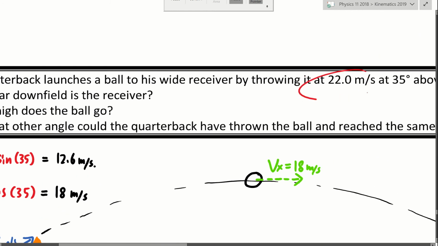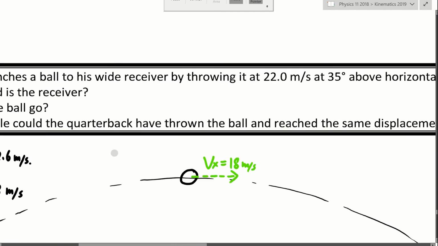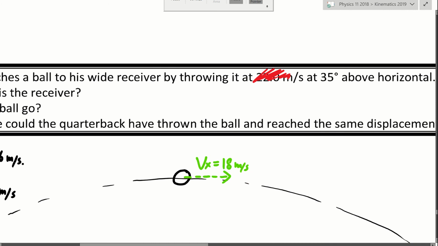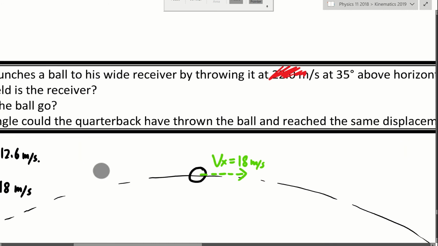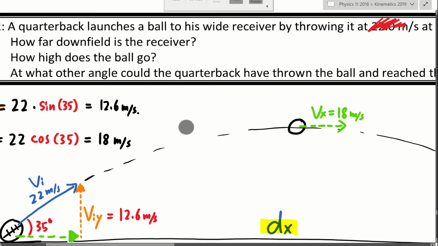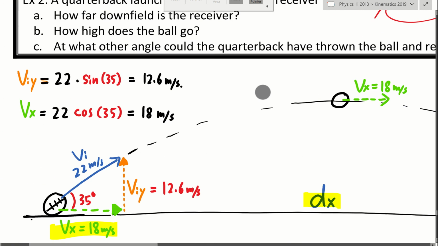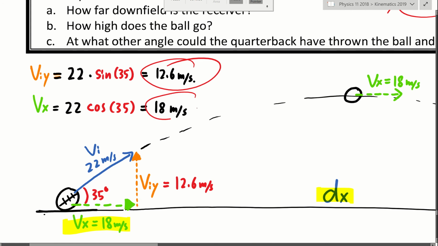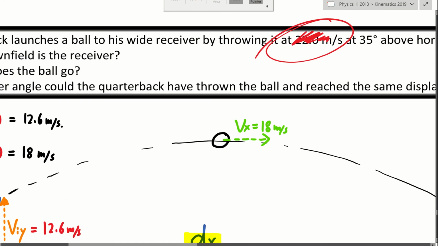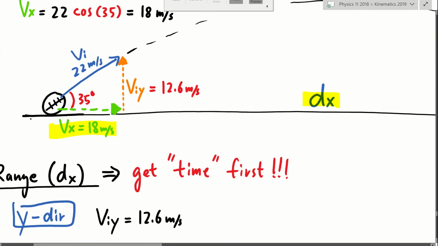Once you get your Vx and Vy, I want you to go to the question and just scribble it out, so you'll never see it again. That number is there to trick you into using it. You should never touch that number ever again after you get your Vx and your Vy initial. It's there, basically, to hurt you more than it helps.